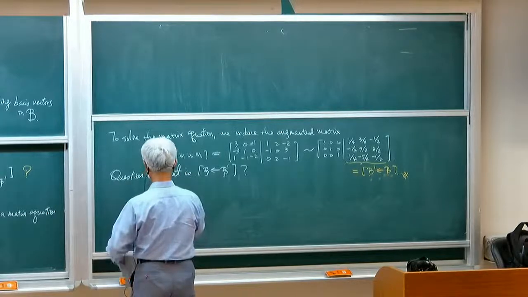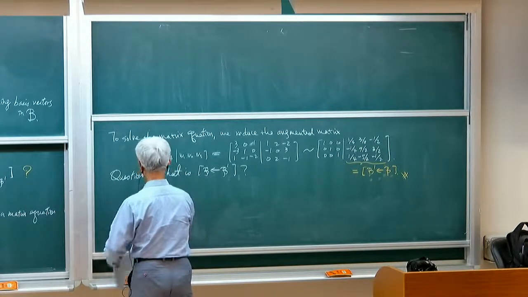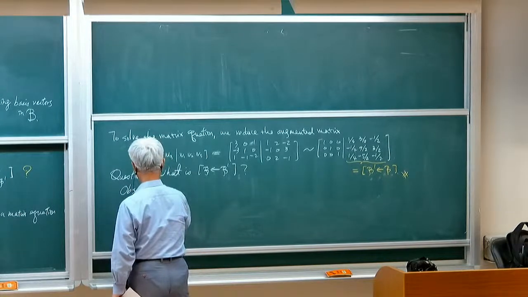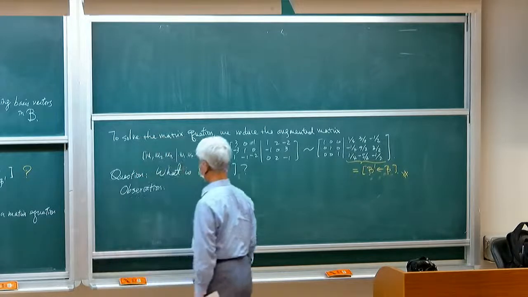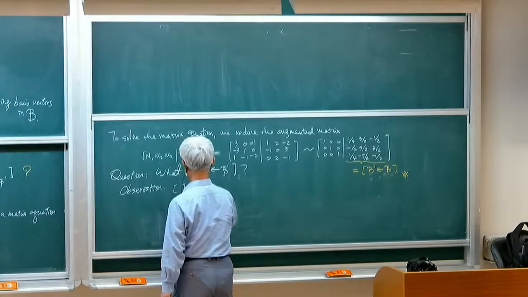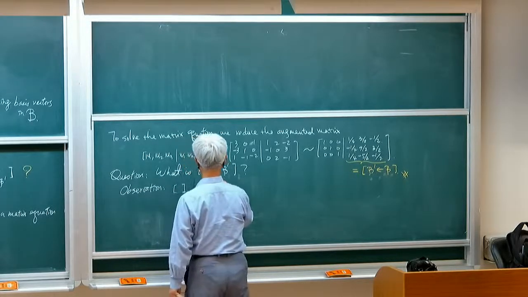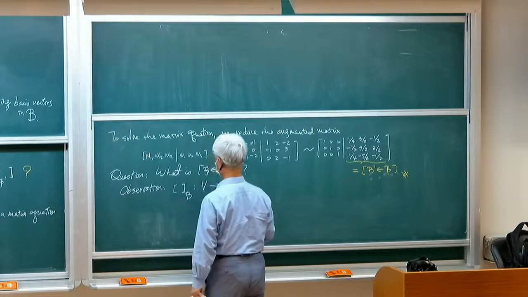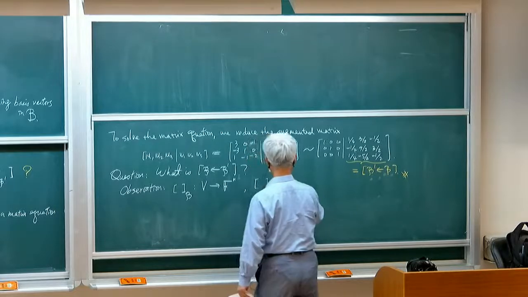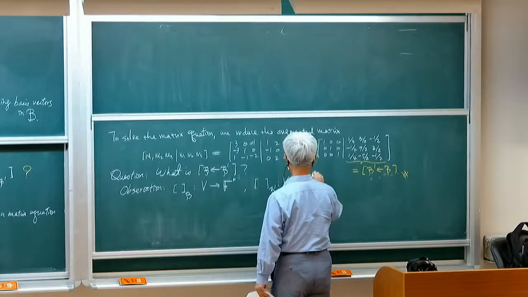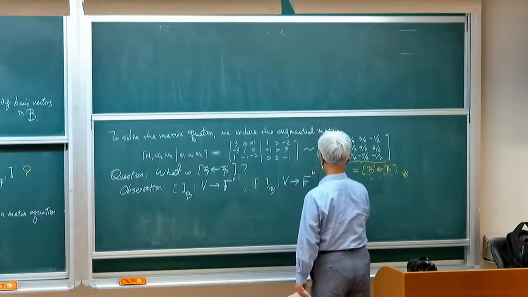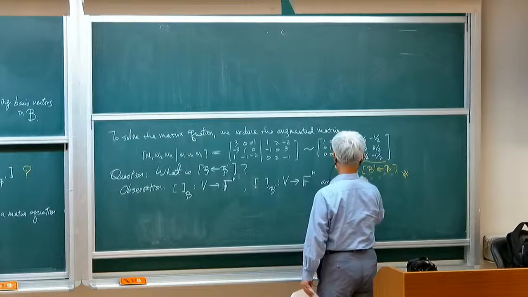Okay, so here is the way we look at our coordinate function. So let's see, observation: the B coordinate function is from V to Fn, and also the B prime coordinate function is also from V to Fn, and both are isomorphisms, as we know.